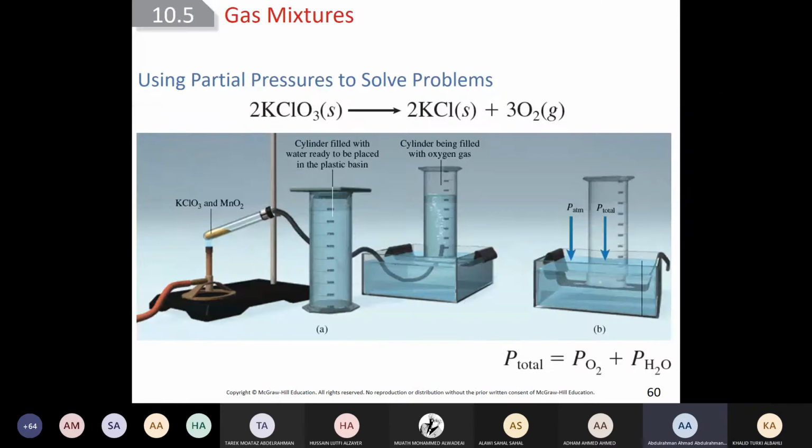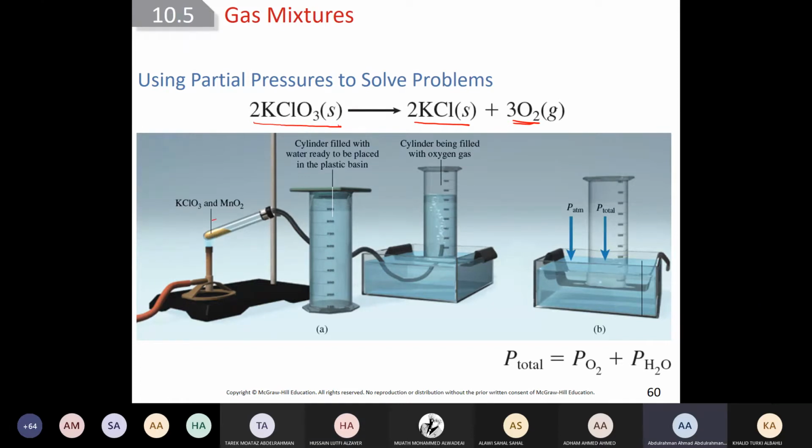Good. Next, we always collect gas over water like this. We make an experiment like this, in which we react KClO3 to make KCl plus O2. So what gas are we making? Oxygen.